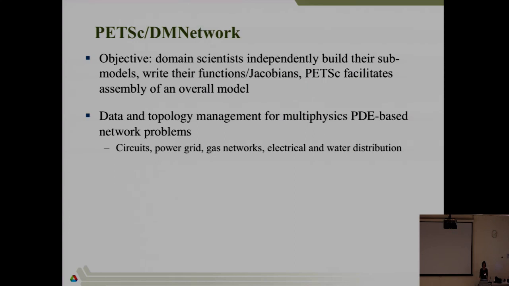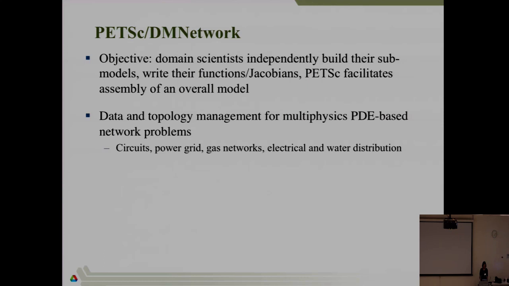And then we provide the infrastructure for them, so they can do their function evaluation, their Jacobian evaluation, and then the PETSc library helps them to glue together. And you can see the example. We try to mimic this kind of human activity for doing the simulation.